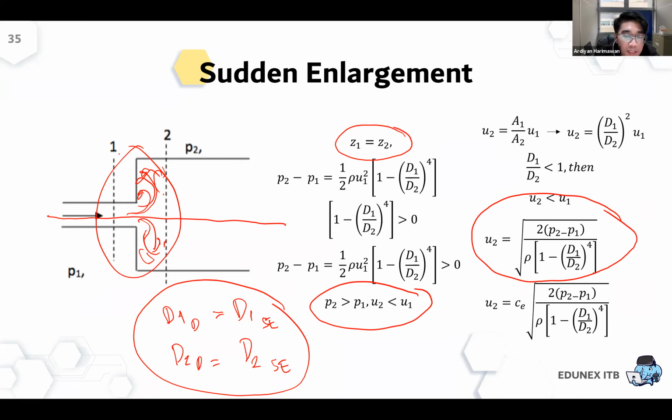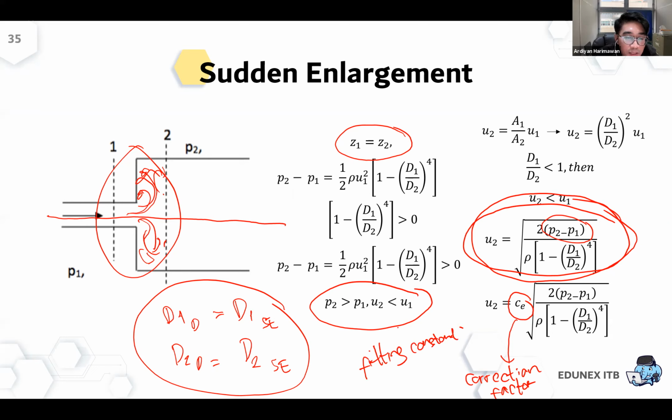Basically, this equation is derived from Bernoulli, the correlation between velocity and pressure difference. In real conditions, when you have friction, turbulence, and a change of flow patterns, you need to incorporate what we call the correction factor, or we call it the fitting constant.